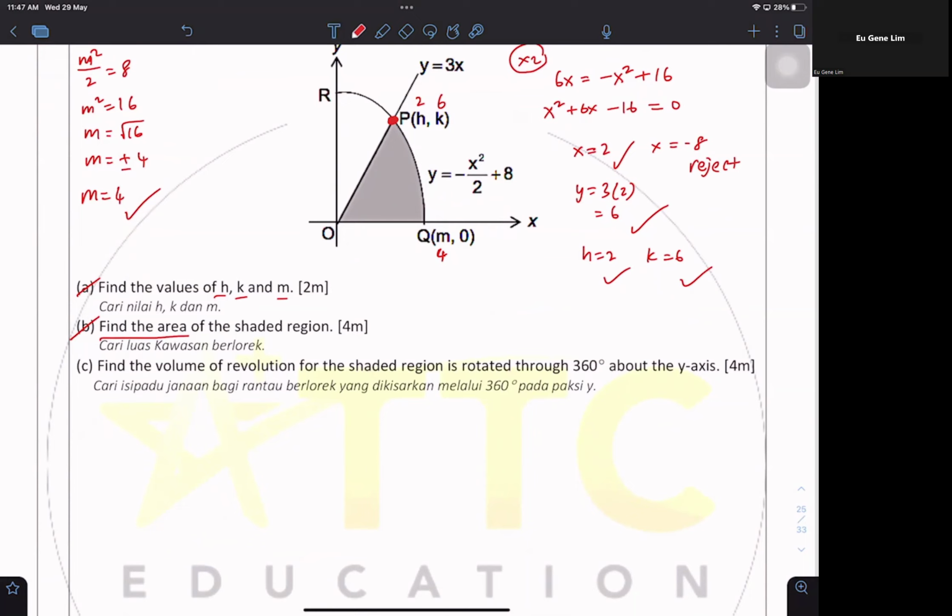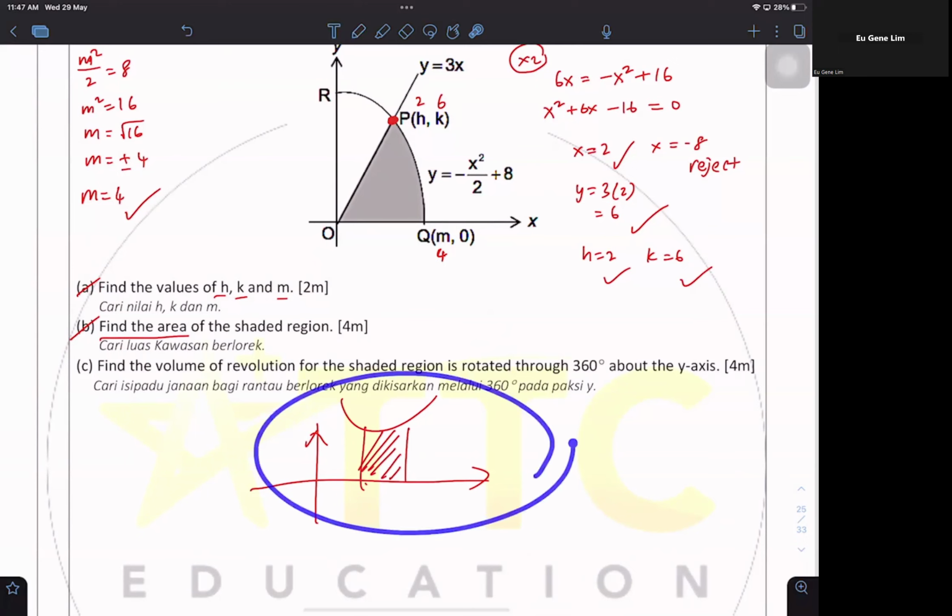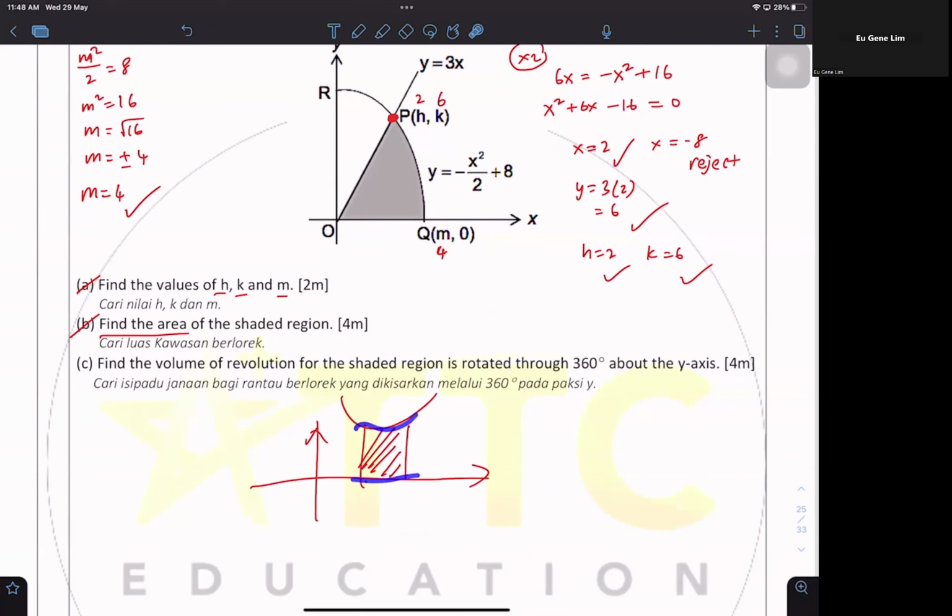Every time you integrate, you are actually finding the area between the curve and the x-axis. Do you know this? Everyone understands this. Okay.